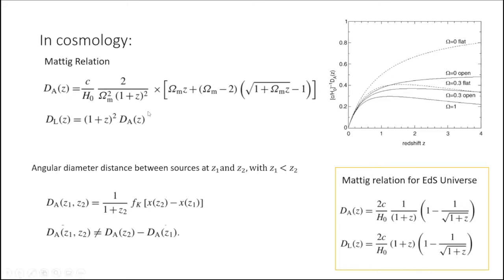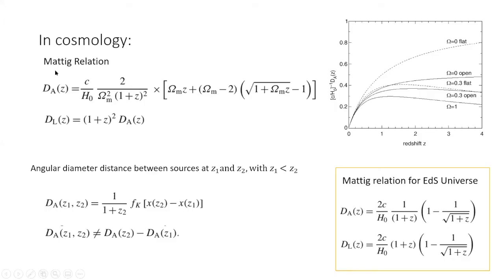If you put an arbitrary object at a particular z, it will not necessarily have this particular value. So this is what we call the magnitude-redshift relation. It tells you the relation between flux and distance, or magnitude, in astronomical terms, and gives the two distance formulae: angular diameter distance and luminosity distance.